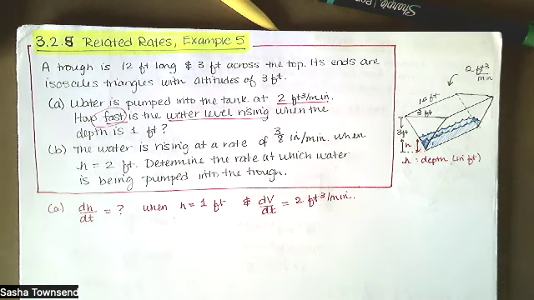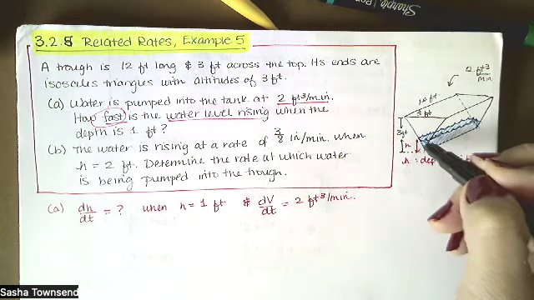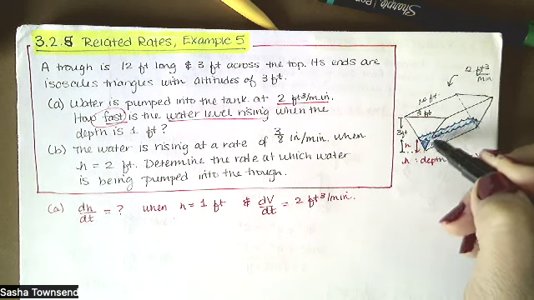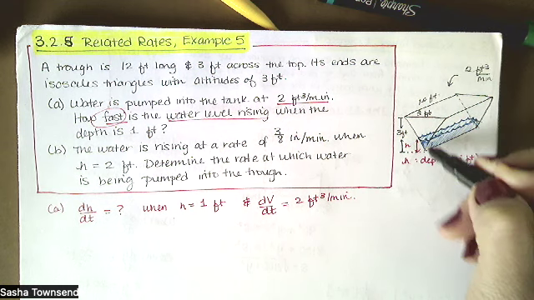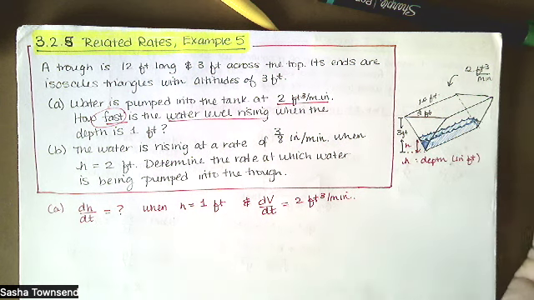Well, it's relatively easy. It's a rectangle on top. So really, we just need to take the area of this little triangle at the end and multiply that area by the length, because that is a constant 12 feet.